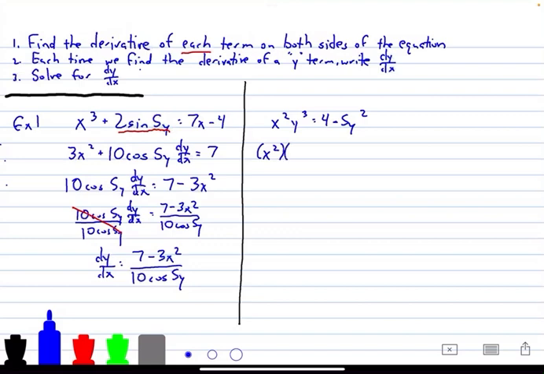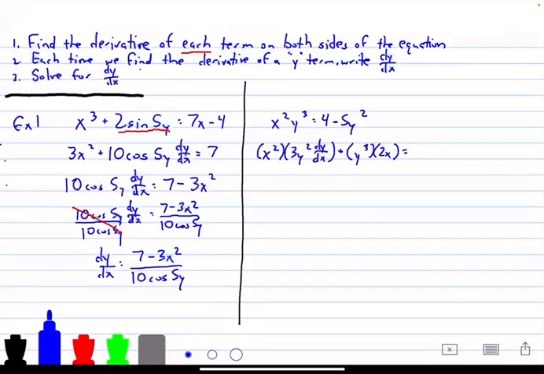The derivative of y cubed is 3y squared. It's a y term, so that's dy over dx. Plus the second term, y cubed, times the derivative of the first term, which is 2x.